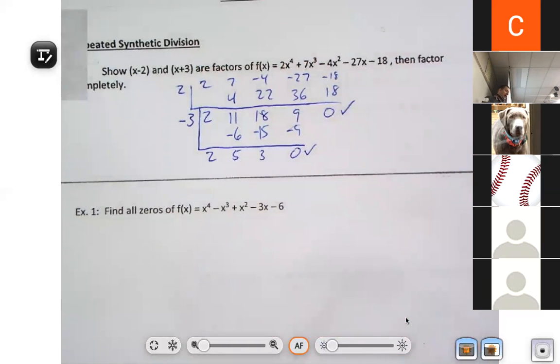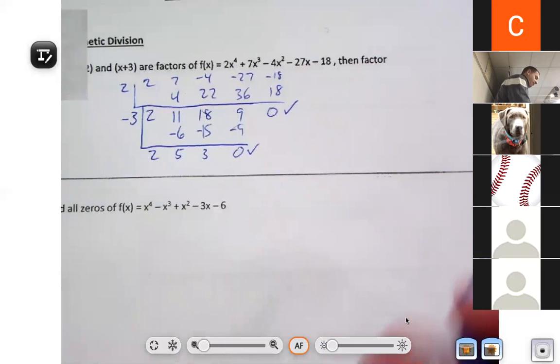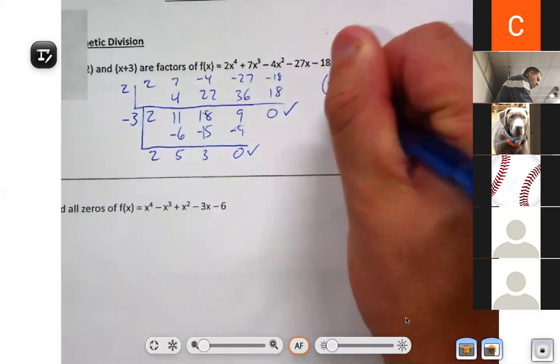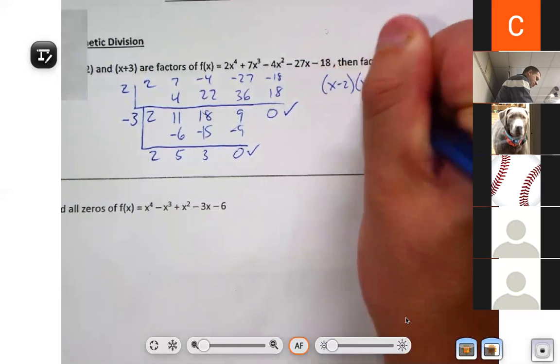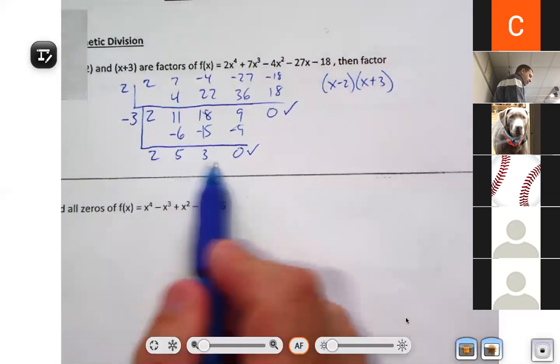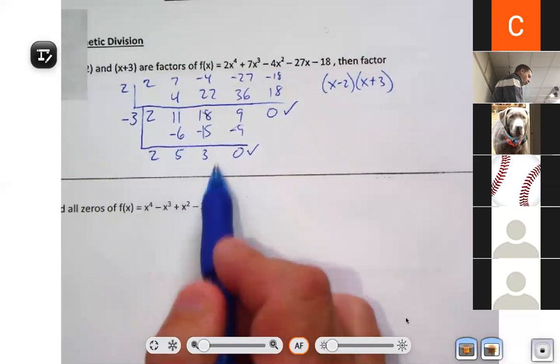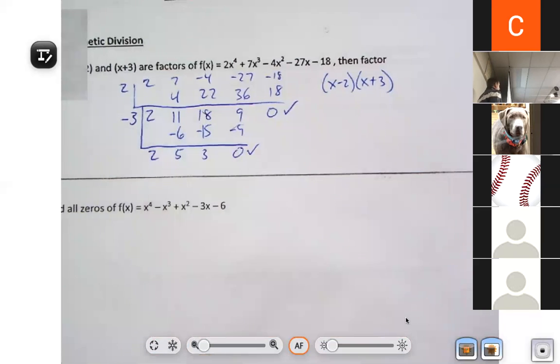I just showed x minus 2 and x plus 3 are factors of the original problem. But the next thing says, now factor that thing completely. Well, here's what we know at this point in time. We know now if we multiply x minus 2, x plus 3, and the thing that we ended up with down here at the bottom, which is now a quadratic, these are the coefficients of a quadratic I would be left with.